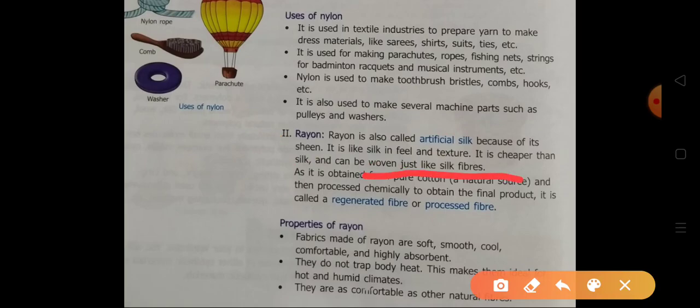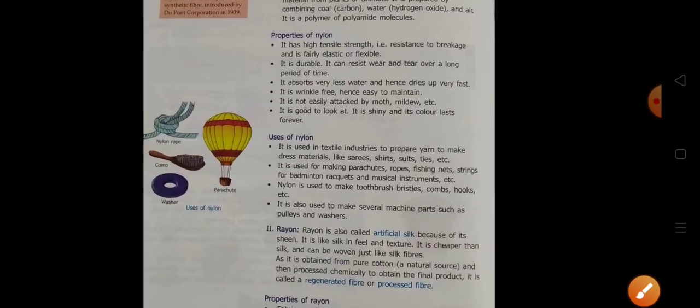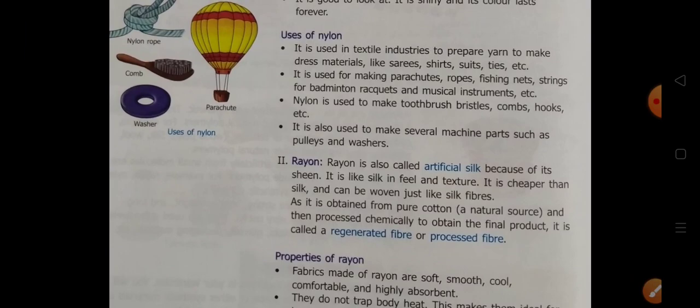So that's why we call it artificial silk. It is obtained from pure cotton, that is the natural source, and then it is processed with chemicals to obtain the final product, that is rayon. So that's why it is called regenerated fiber. Rayon is called regenerated fiber or processed fiber.